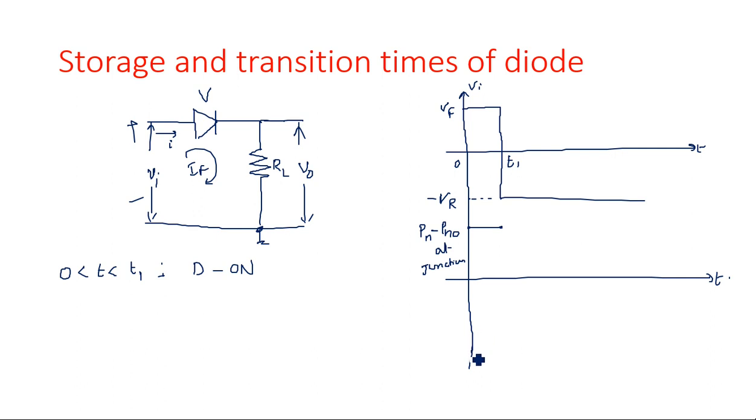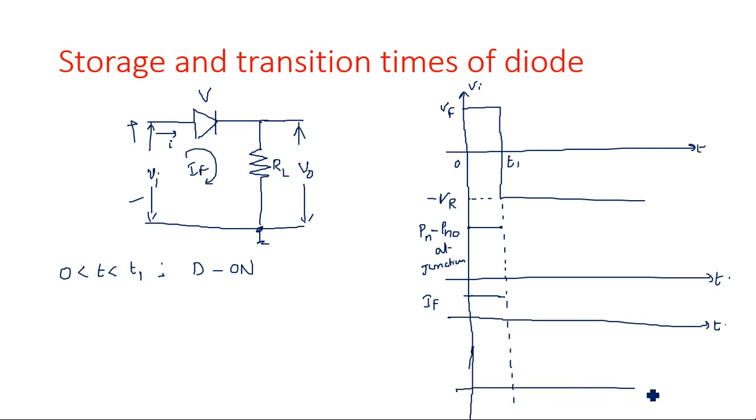The same current is shown as IF. All these equations should be drawn one after another so that you can understand the relation among them. Up to T1 this is the situation, no problem, because the maximum current is flowing through the diode.